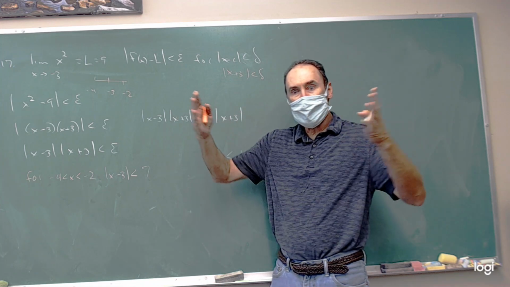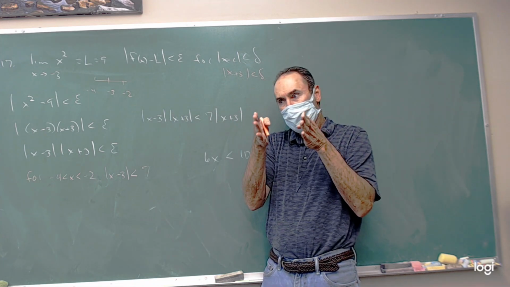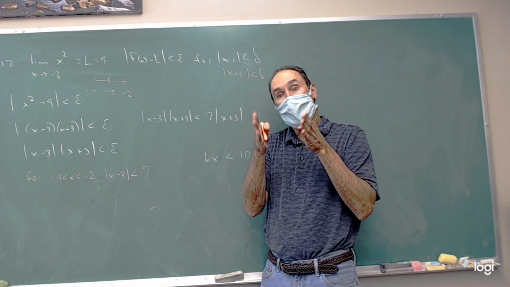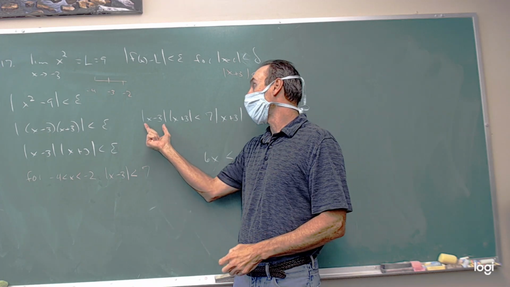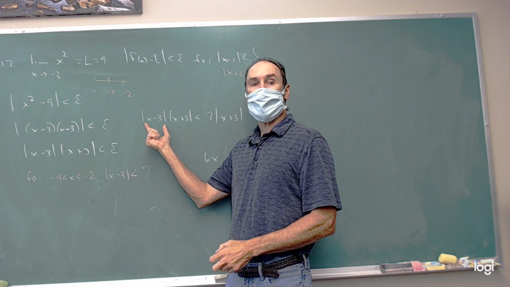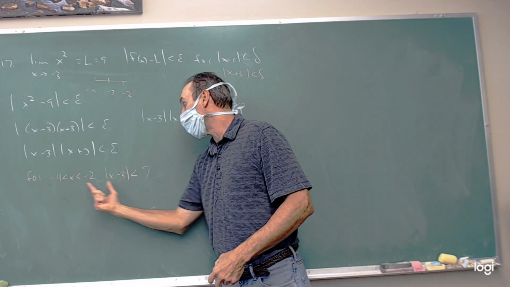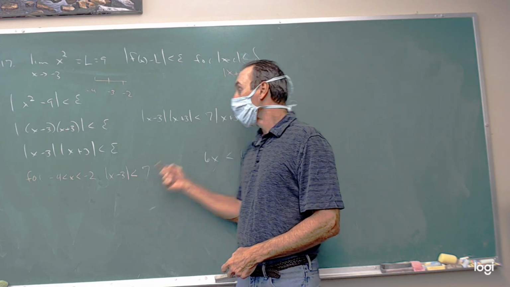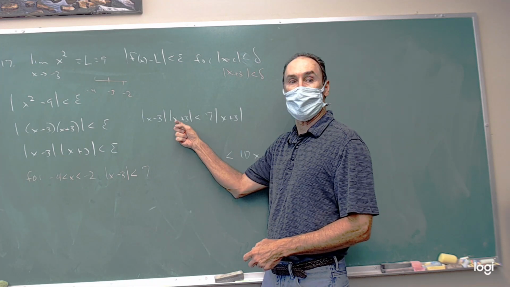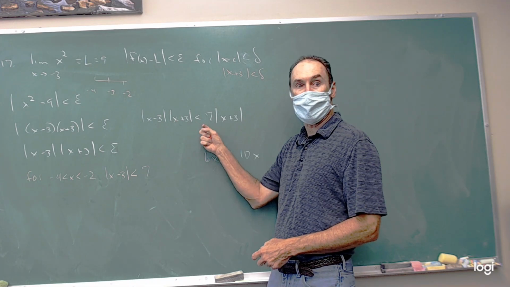So let's take away all that noise and narrow in on around -3. Then on this interval, this can't be any bigger than 7. So therefore, this times this must be less than 7 times this.